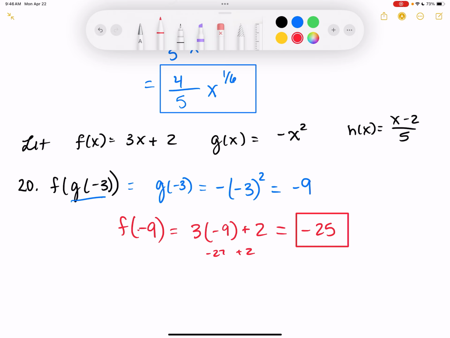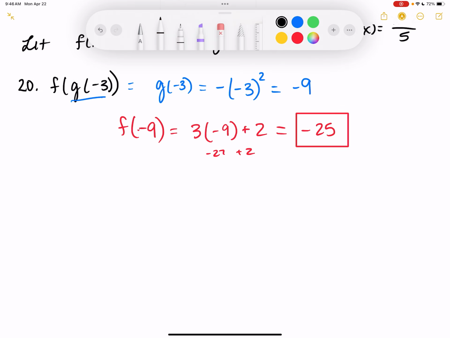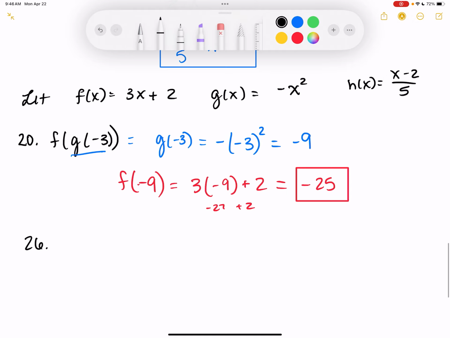Let's look at 26. Went up too far. This one is h of h of negative 4. I'm initially going to be plugging negative 4 into h, and then when I get that number, I'm going to plug it into h again.